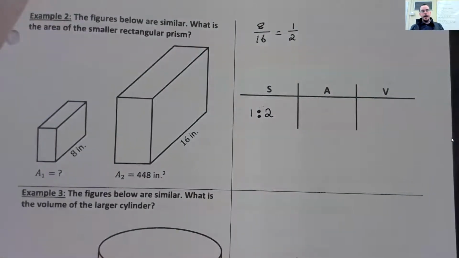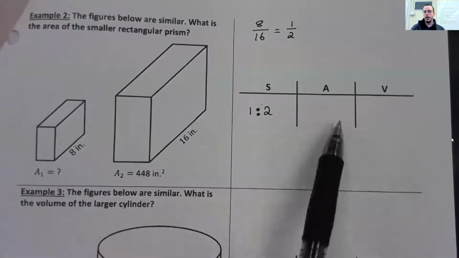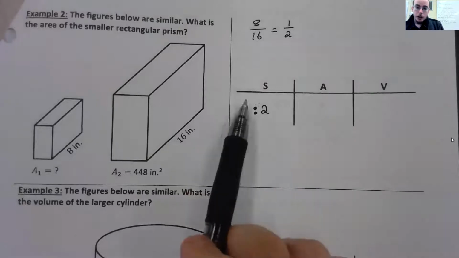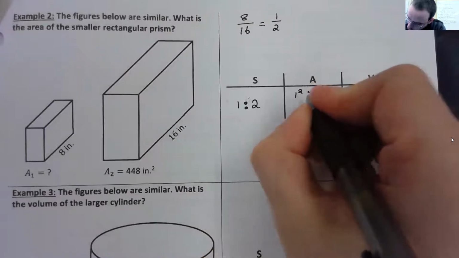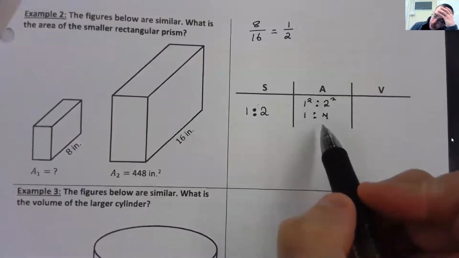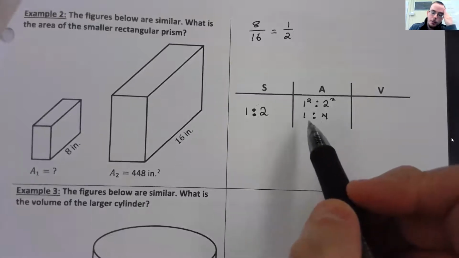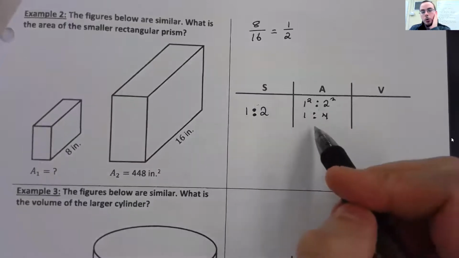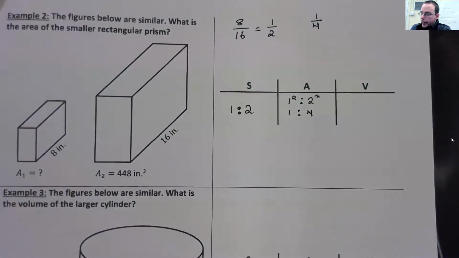Now, since we're doing the area, what do we need to do to our side ratio to get to our area ratio? We have to square both of these. 1 squared is 1, 2 squared is 4. So our area ratio is 1 to 4. Now you may be asking, how does that help you determine the area of the smaller figure? Well, if we know the ratio of the area is 1 over 4, then we can set up a proportion.